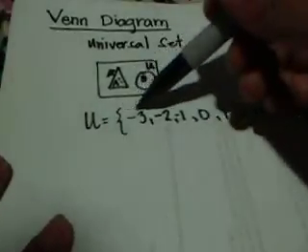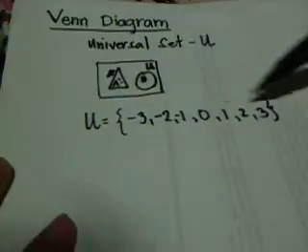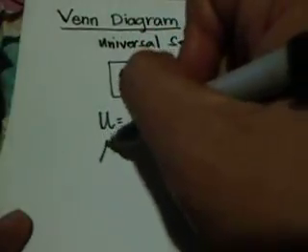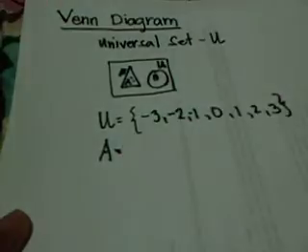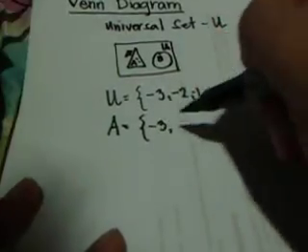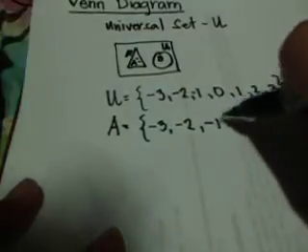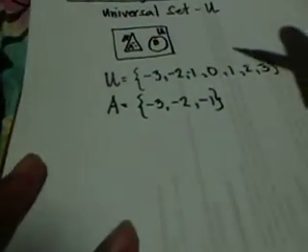Since this is the universal set, considering all integers from -3 until 3, let's say a subset of the universal set U is A, and the elements of A are -3, -2, and -1.